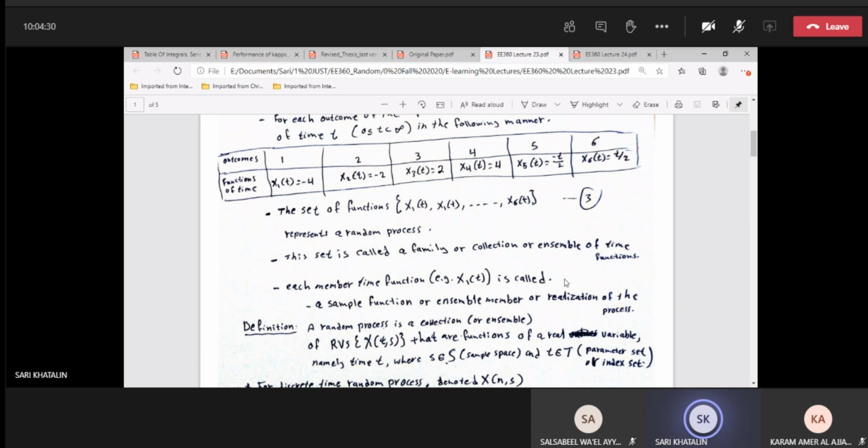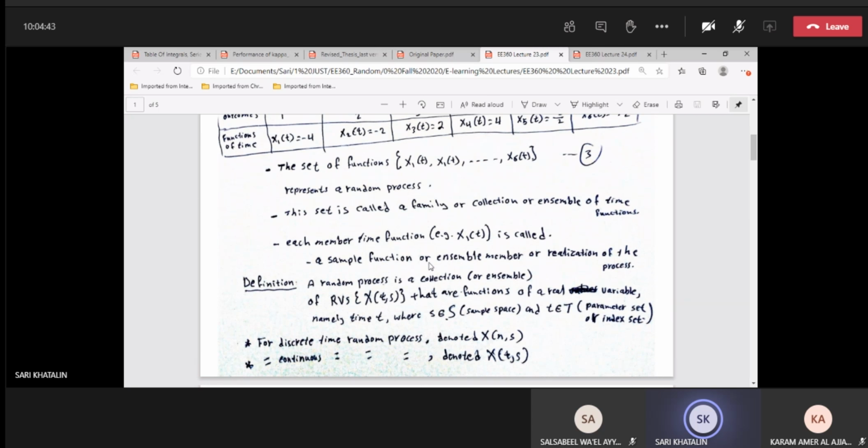They all mean the same thing, okay? And each member of the time functions, like for example, x1 of t or x2 of t, is called a sample function or ensemble member or realization of the process. So we might say the realization of the process, which is one member of the whole set, okay?